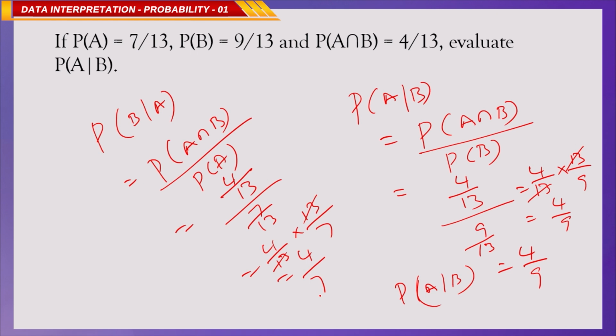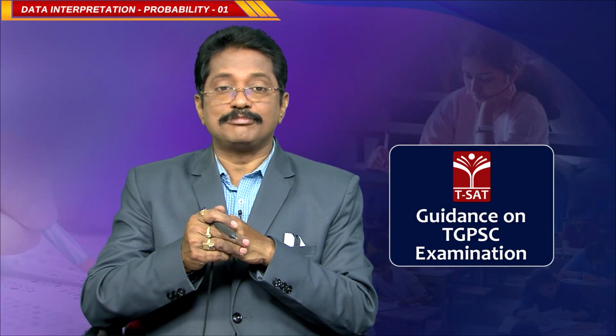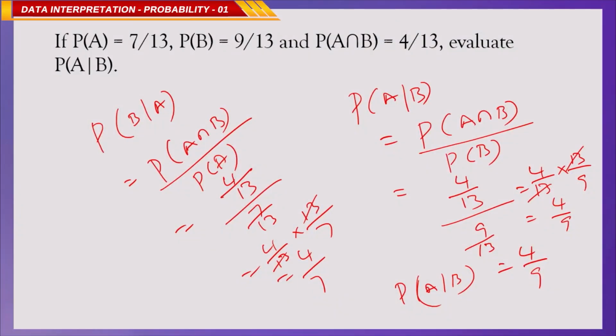In this manner, you can calculate these values when P of A is 7 by 13, P of B is 9 by 13, and P of A intersection B is 4 by 13.